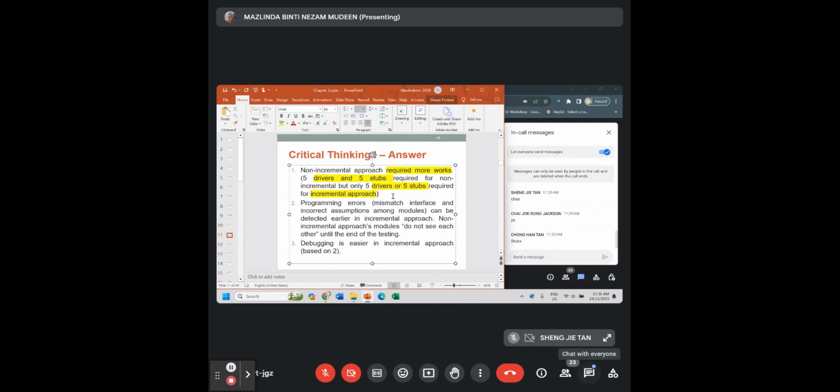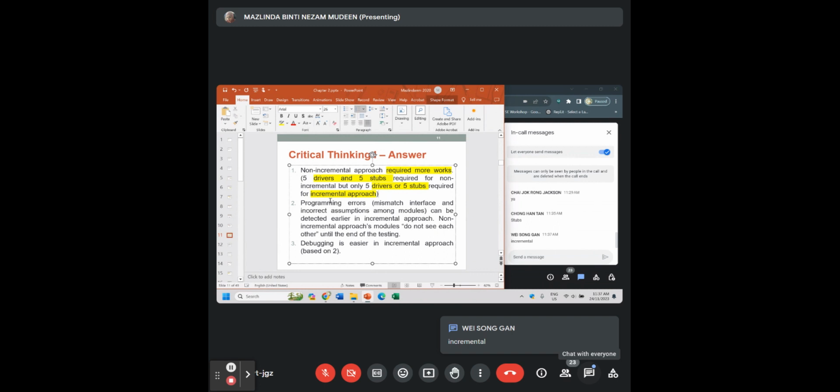Because we are discussing the advantage and the disadvantage, right? Incremental, because we will require less work.